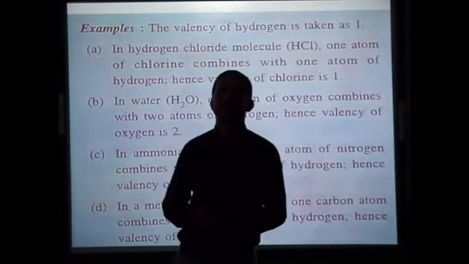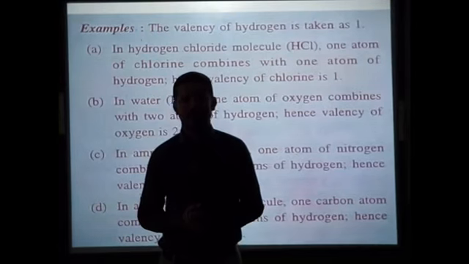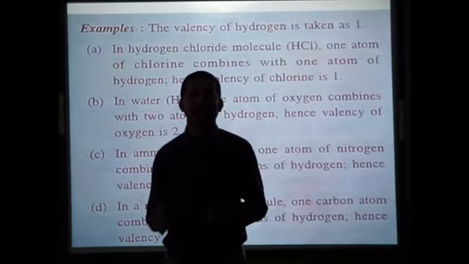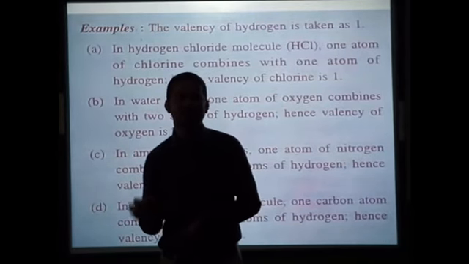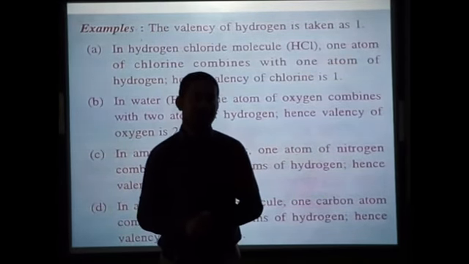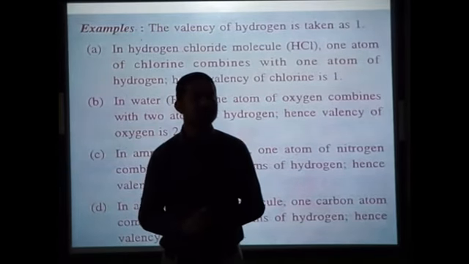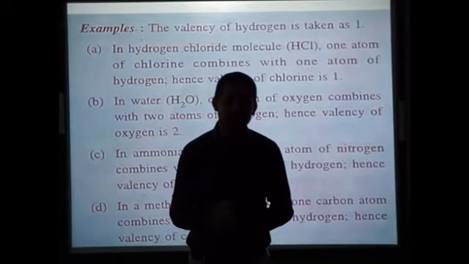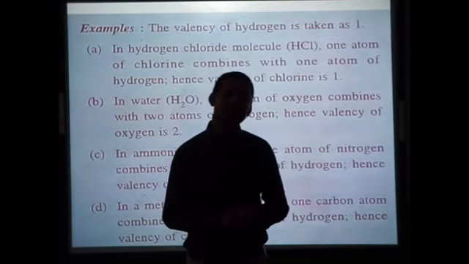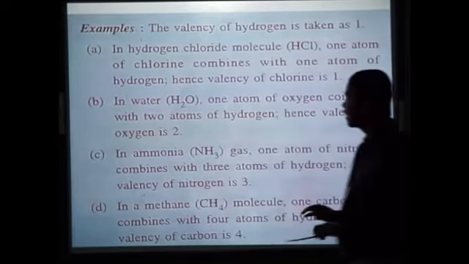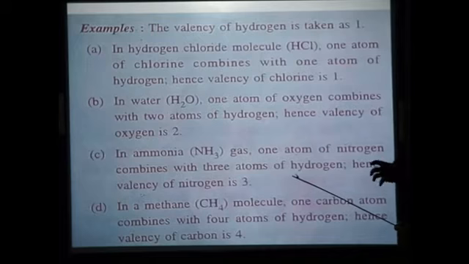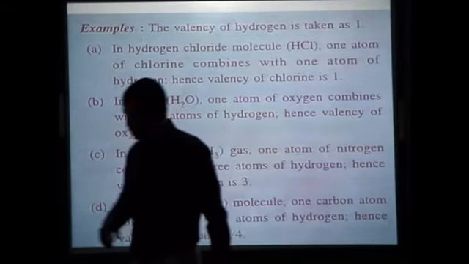What is the valency of sulfur if the molecule of hydrogen and sulfur is H2S? 2, because there are 2 hydrogen atoms. In NaH, sodium hydride, what is the valency of sodium? 1, because it has only 1 hydrogen. This way we can find the valency of another element, provided one of the elements is hydrogen and it is a binary compound.